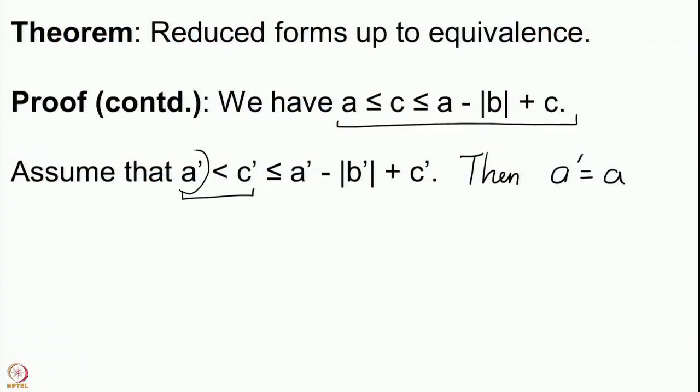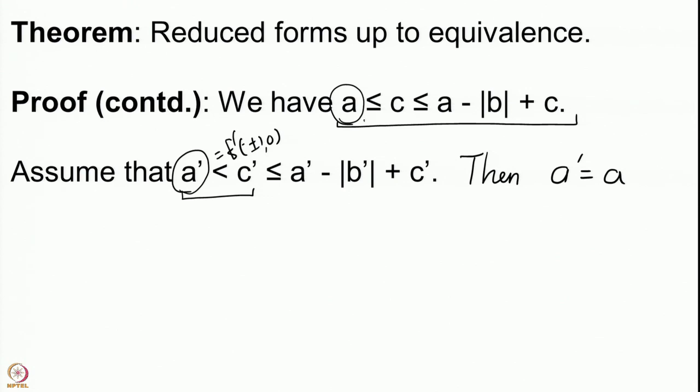The set of integers represented properly by f and f prime are the same. Here a prime is the smallest integer represented properly by f prime, because this is nothing but f prime at plus minus 1 comma 0, and here a is the smallest integer represented by f.